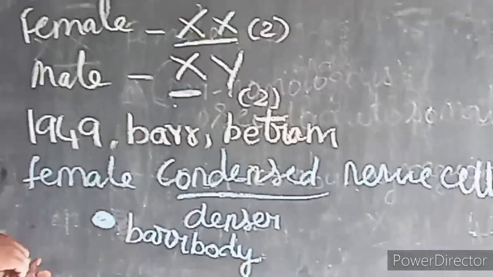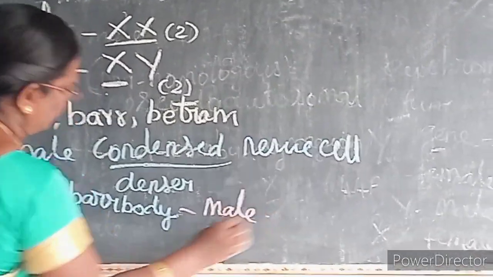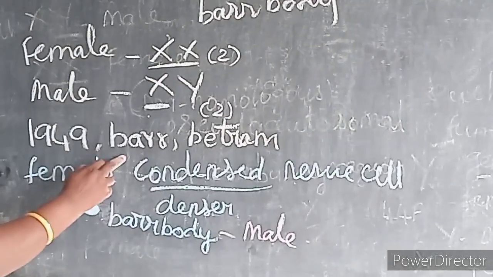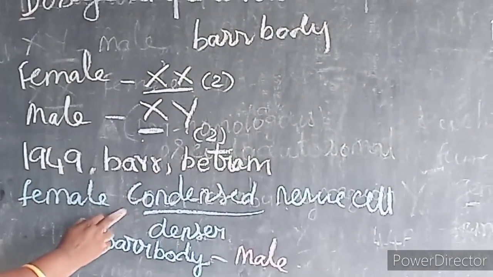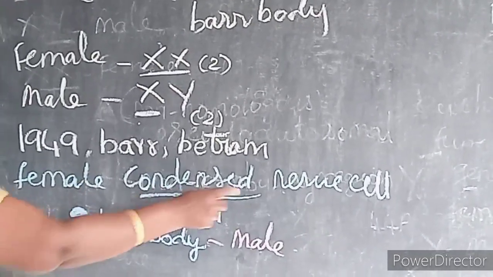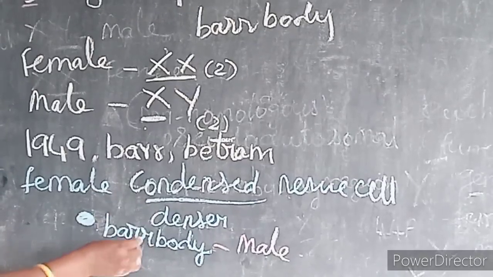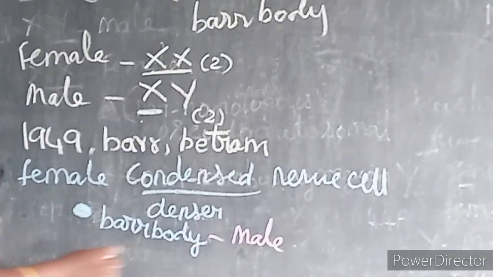This Barr body is absent in the male. In 1949, Barr and Bertram observed a thickly coiled or denser body in the nerve cell of the female. That is called a Barr body, and it is absent in the male.